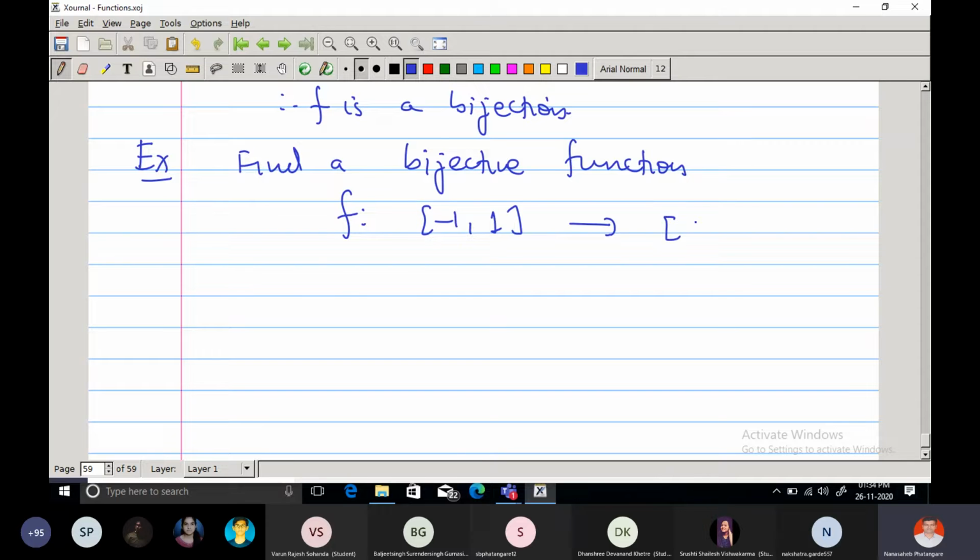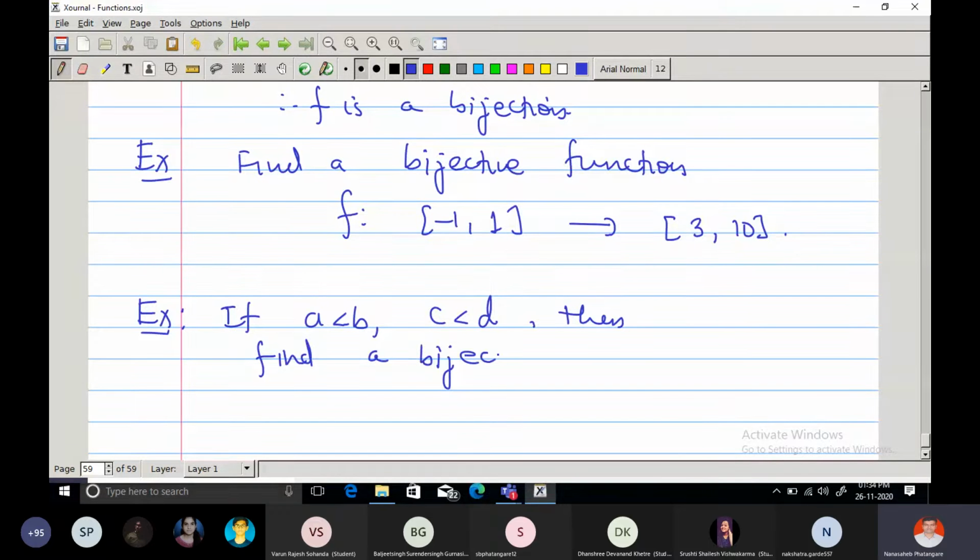Now the next question we want to discuss is, if a less than b, c less than d, then find a bijective function f from ab to cd.